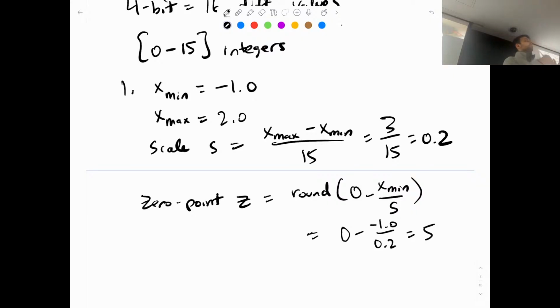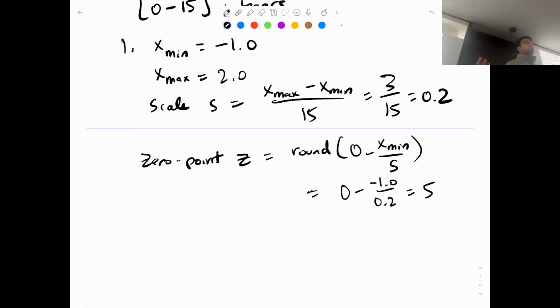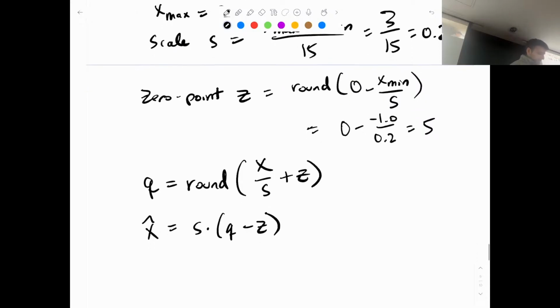So anything above 0 will have a value above 5, anything below 0 will have a value below 5. So now, in this simple quantization strategy, to quantize a new number, I'm just going to round x over s plus z, and this will get me one of those integers, one of those 16 integers. And to recover the original value of the quantized number, all I have to do is multiply it by the scaling factor after subtracting the 0 point.